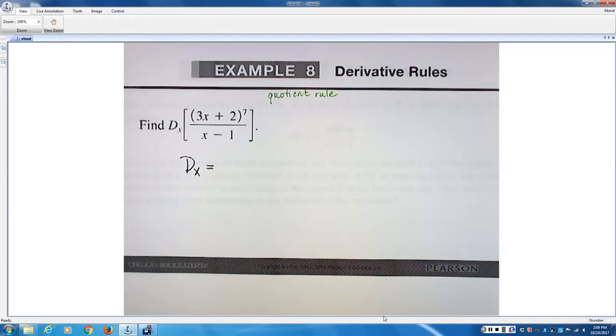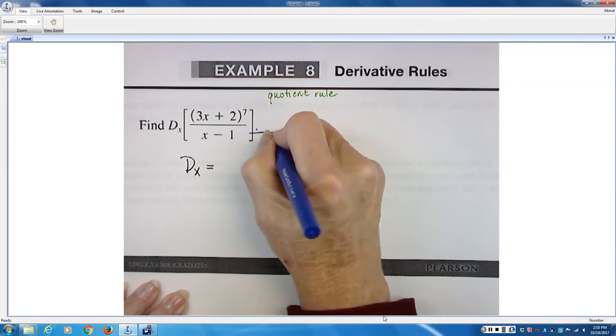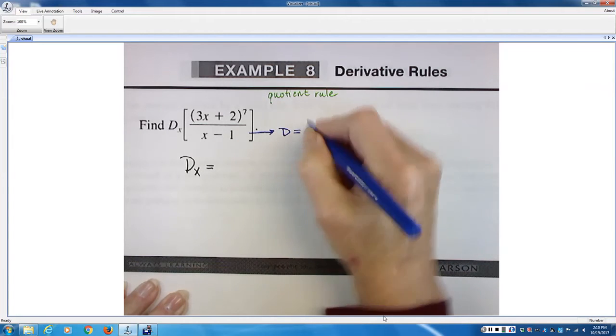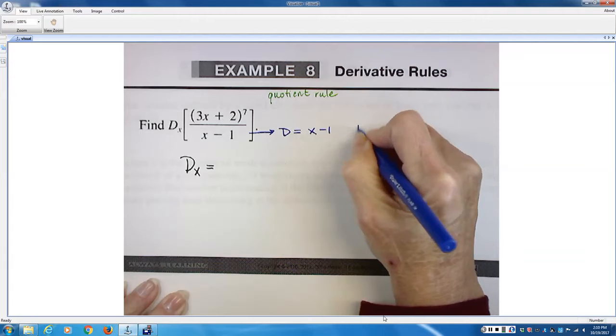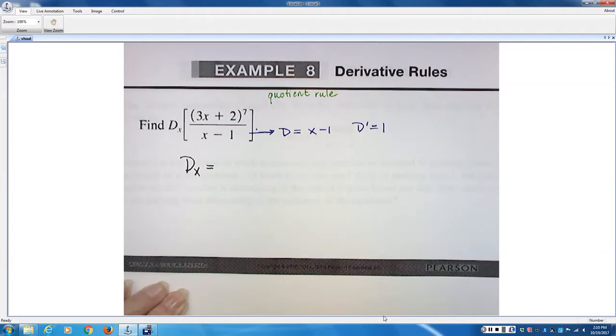So you need the quotient rule. It might help you as you're doing these to actually write down what rule you're using. When you start doing your derivatives for the quotient rule, as we're going to do right now, taking the derivative of your denominator, no problem.